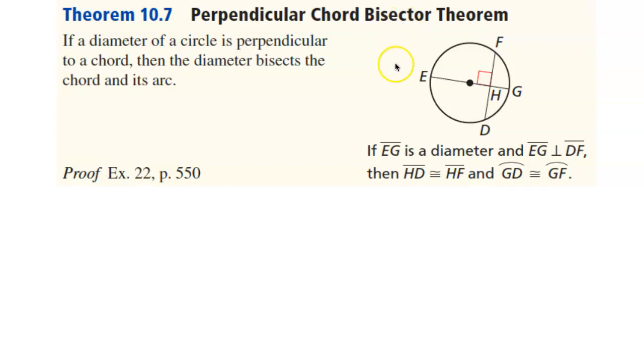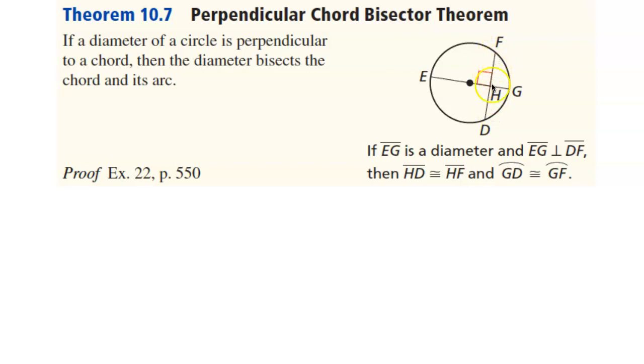So in this picture, how it works is if two chords are intersecting and one of the chords is the diameter. So EG is the diameter, it's intersecting with FD, and they are perpendicular to each other. If they are perpendicular to each other and one of the chords is the diameter, two things happen.